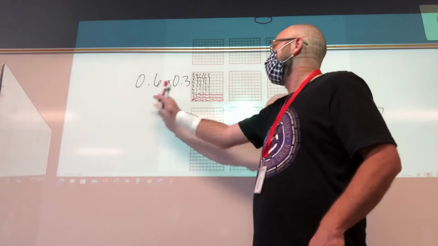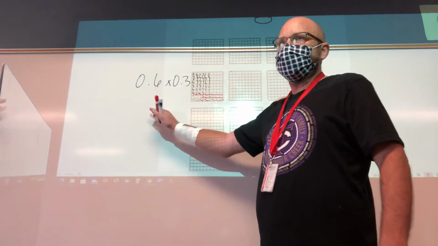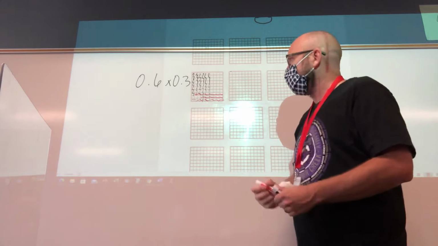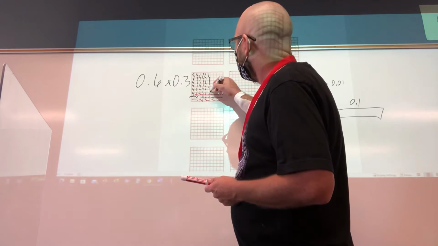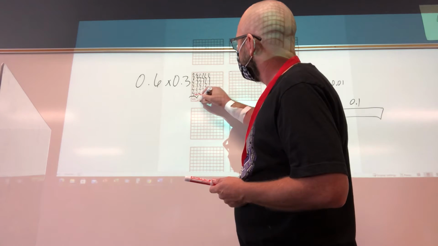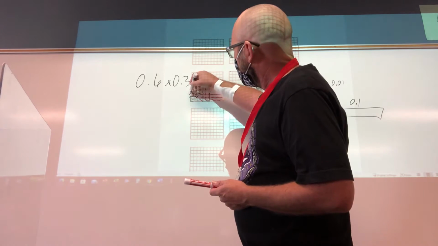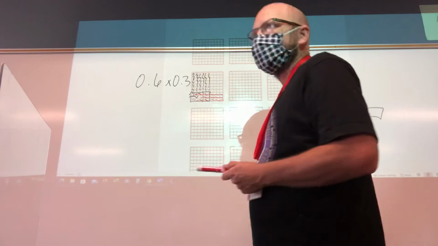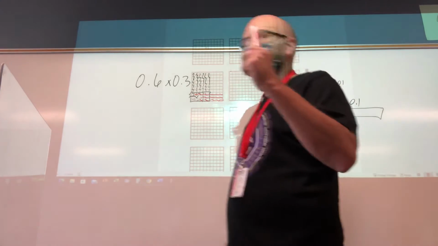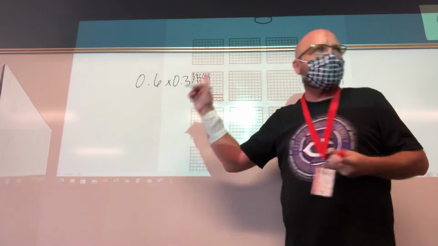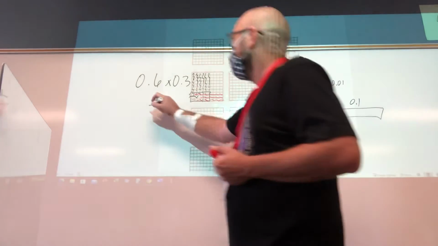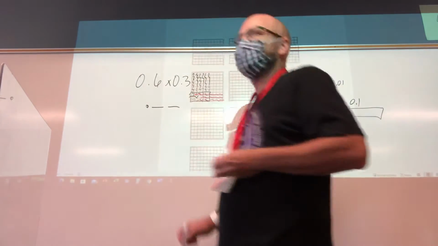I've shaded 3/10 in horizontally. And your answer is the ones that are shaded in by both colors. The answer is what you've shaded in by both colors. The little boxes that are shaded in by both colors. So since each little box I know equals 1/100, I'm going to have to go 2 places behind my decimal point.